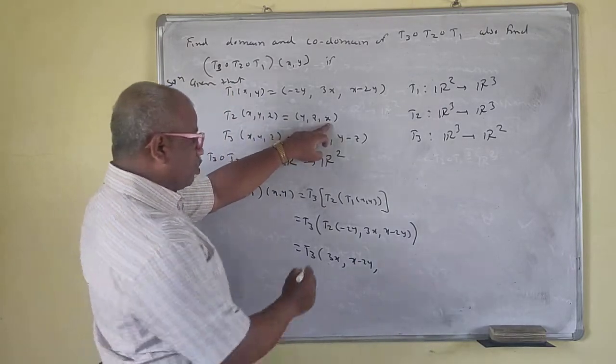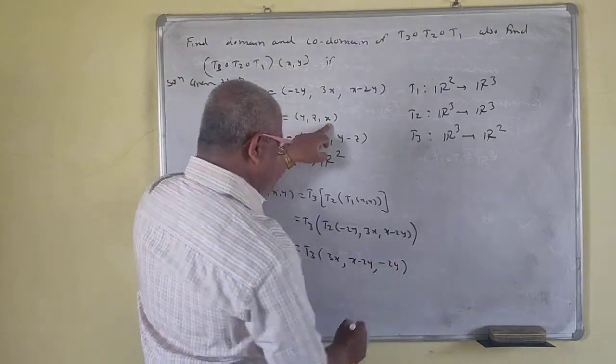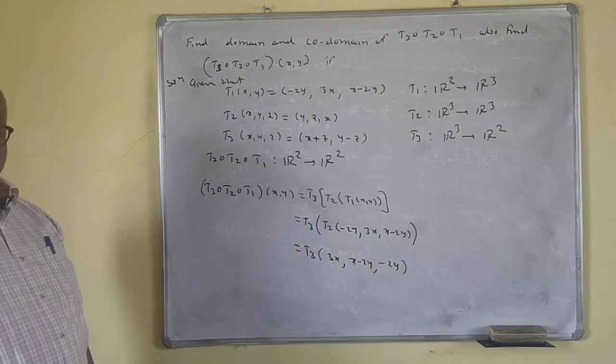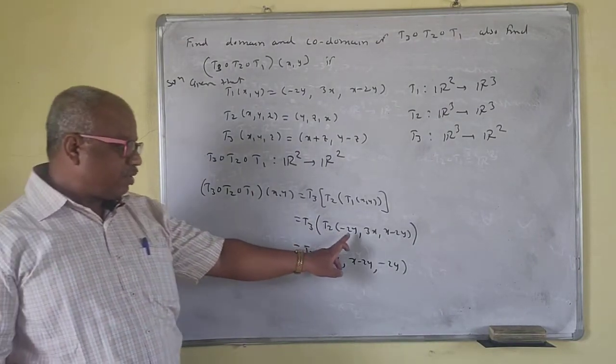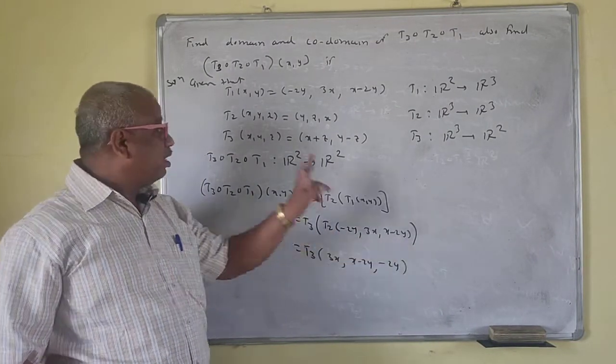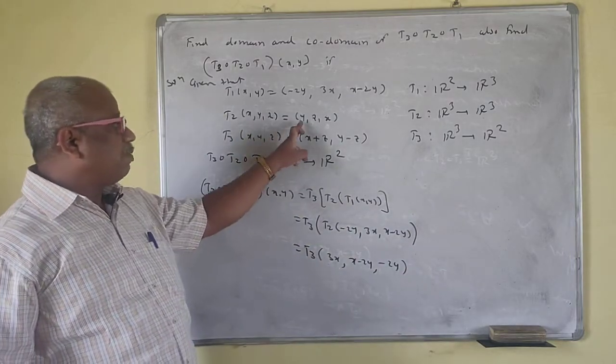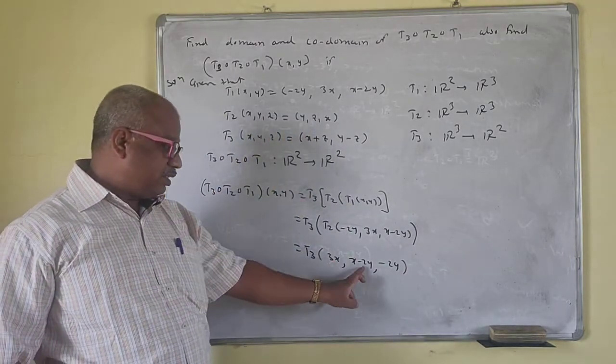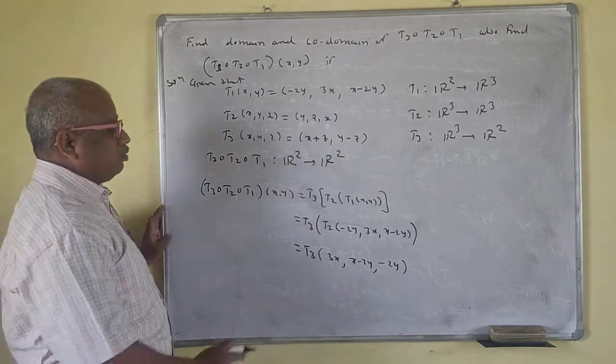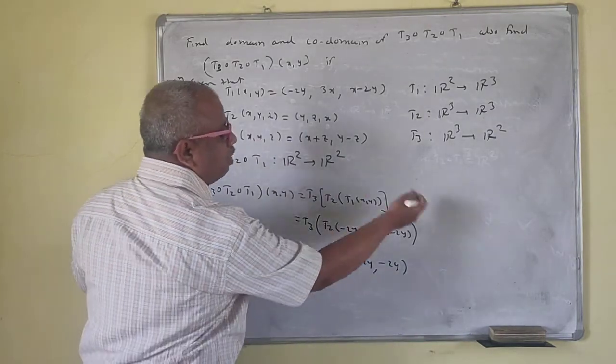Now X is the first component, your first component is minus twice Y. So this is your X, this is your Y, this is your Z. And T2 of XYZ is the same as YZX. So you just have to shift all of these here.